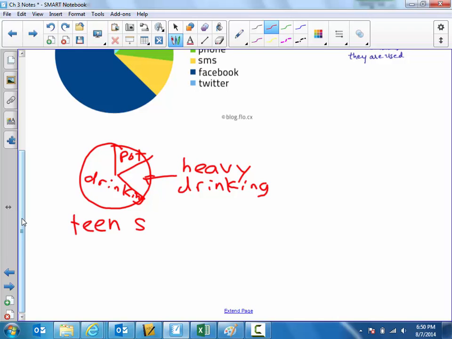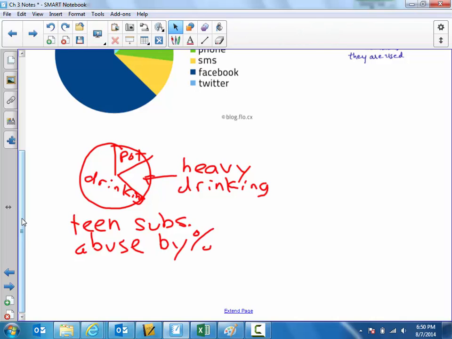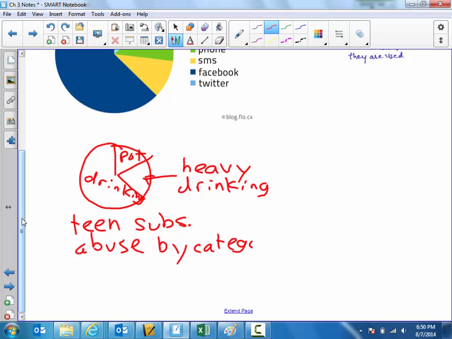And let's give this a title of Teen Substance Abuse by percentage, but I'm going to omit the percentages from being in those slices of the pie. I don't really think they're essential. Let's just leave it at teenage substance abuse by category.